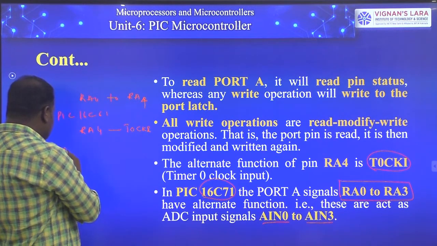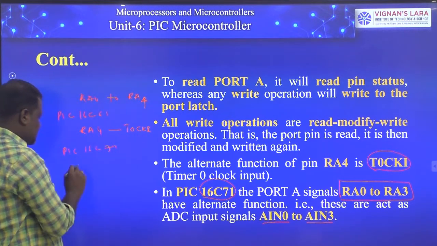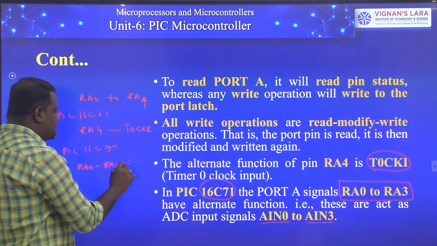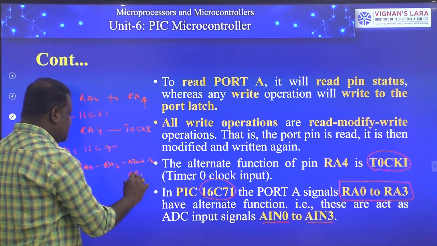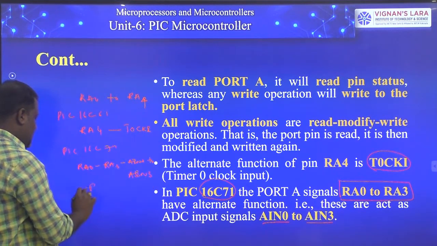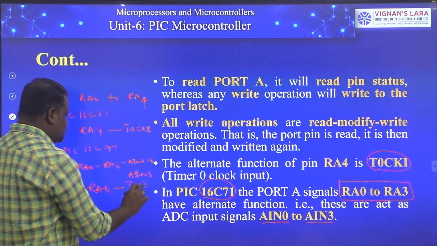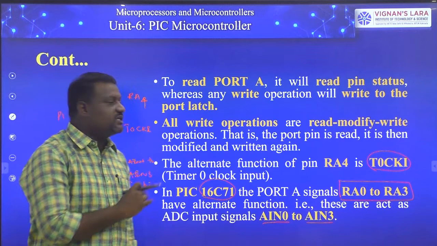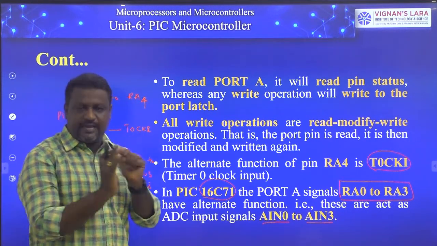But in PIC16C71, the signals RA0 to RA3 act as AIN0 to AIN3 and RA4 functions as it is, that is T0CKI. This is the scenario of port A signals in PIC16C61 and 71.